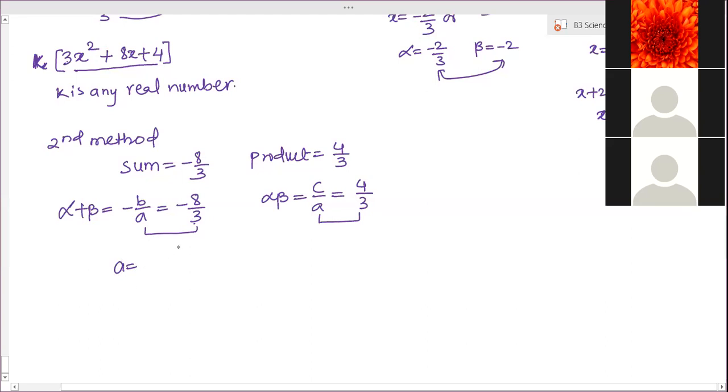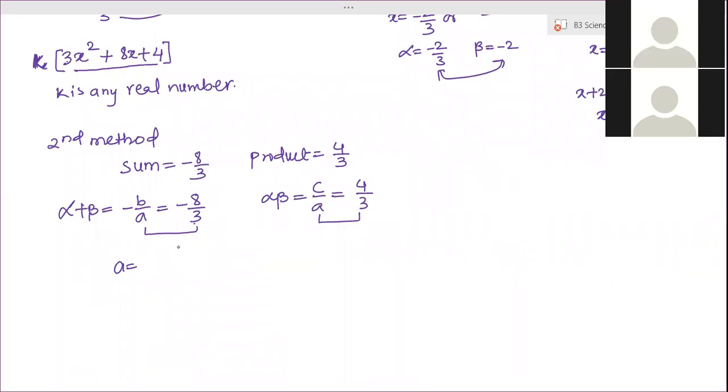If two terms are in the ratio 2:5, then the actual values will be 2x and 5x. Now here the ratio of b and a is 8/3. So what is the value of a? 3x.